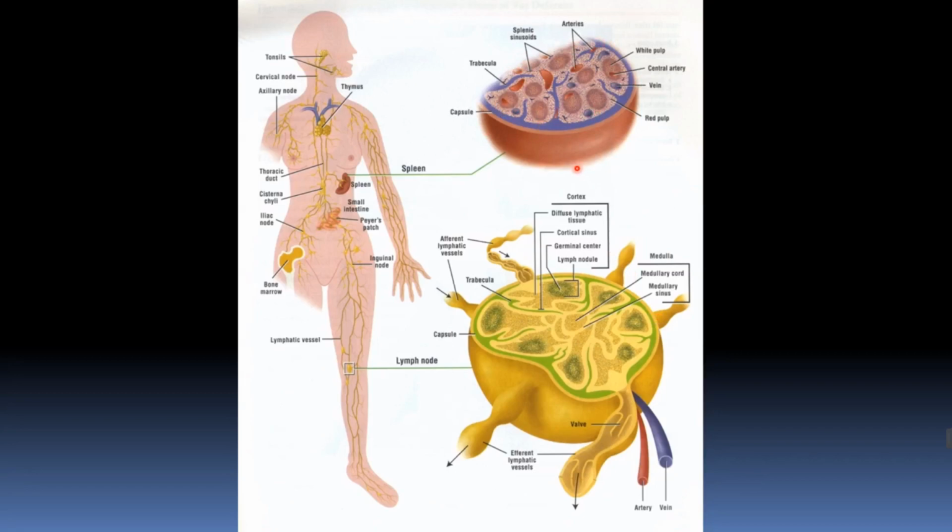But I want to show you the vasculature that's associated with the lymphatic system. All these yellow vessels in this picture are part of the lymphatic system, and their major role is to soak up all that excess tissue fluid.